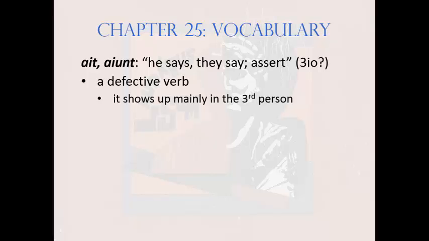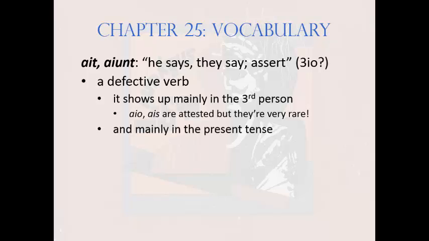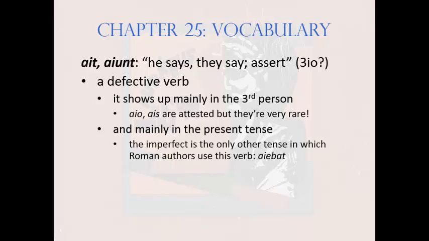Roman authors use it almost invariably in the third person, although the first person singular aio and second person singular ais are attested in a few works, not many. It also occurs in the present tense mainly, though here and there it shows up in the imperfect, aiebat. Be aware that this is a verb of the head and often introduces indirect statement.